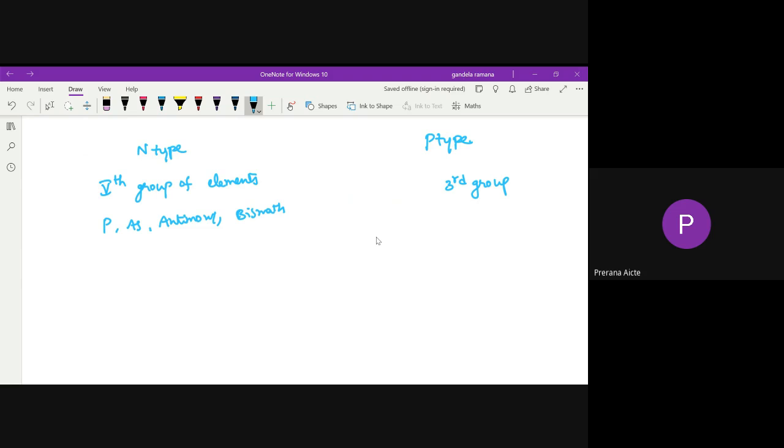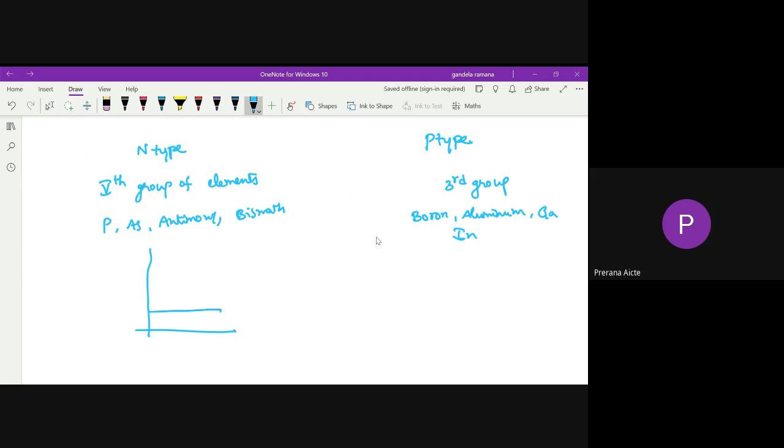Examples are boron, aluminium, gallium, indium. Now come to the energy band diagram for this N type material.